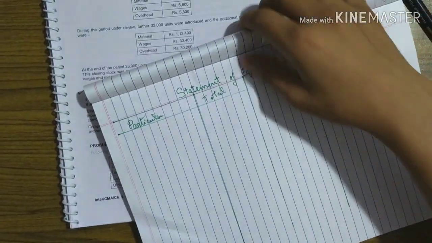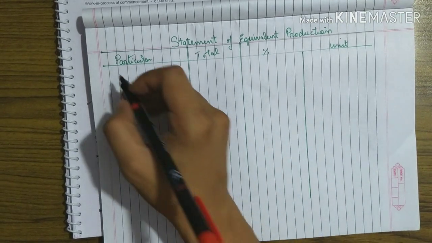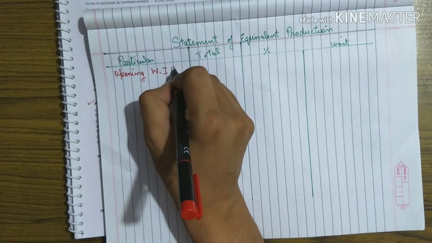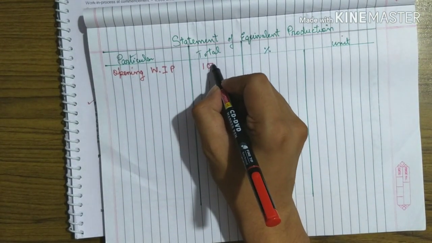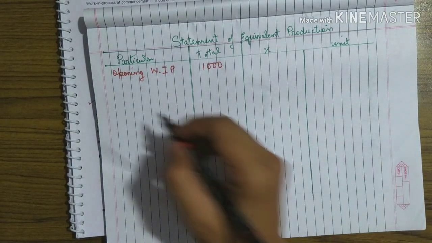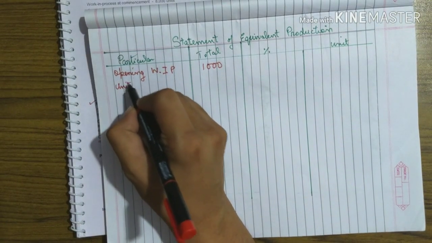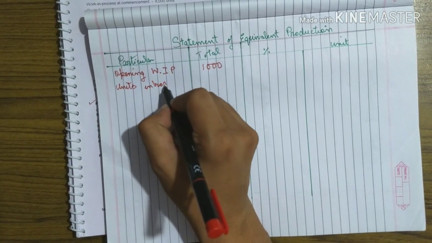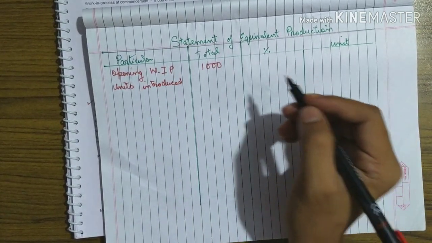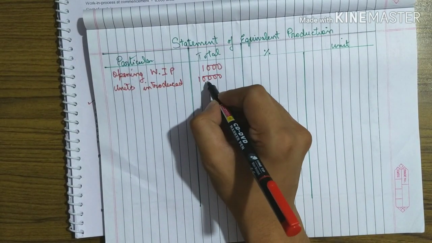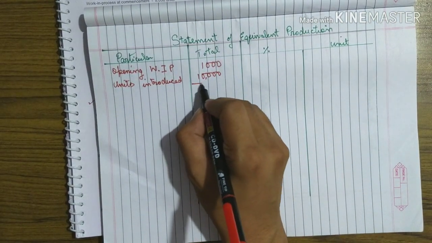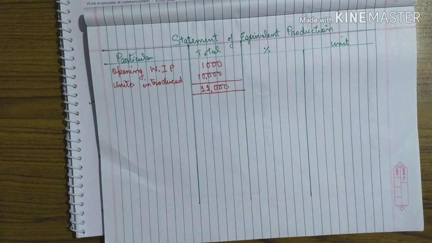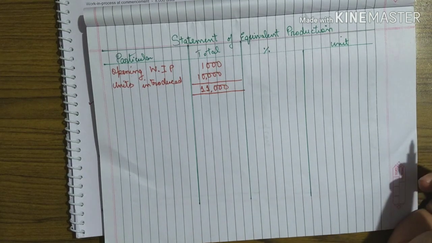So first let's write this as opening WIP, which is 1000 units, introduced 10,000, which is a total of 11,000 units.